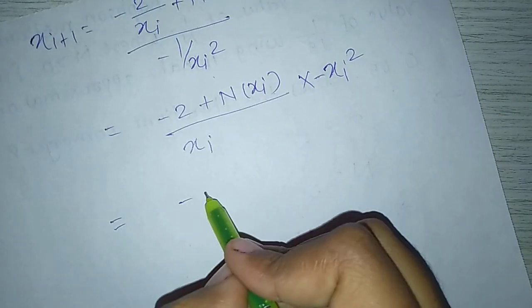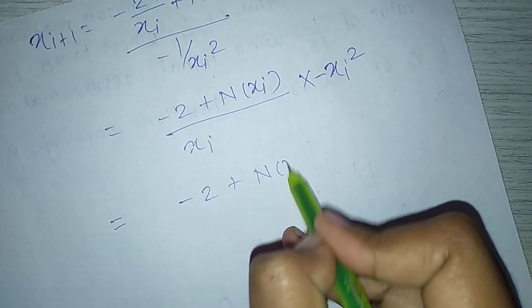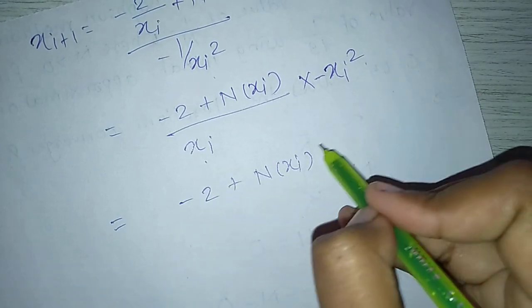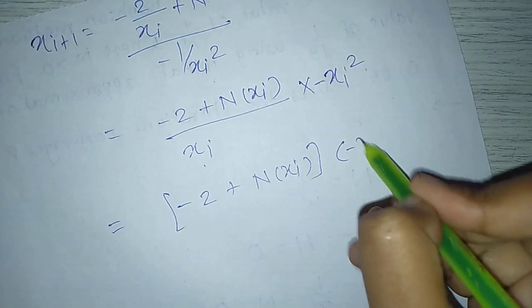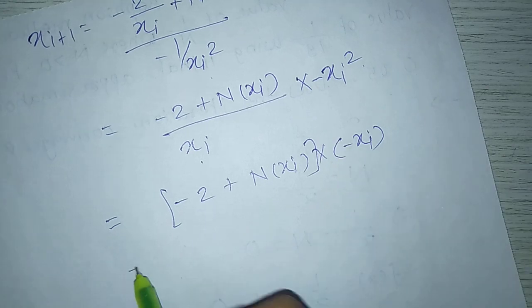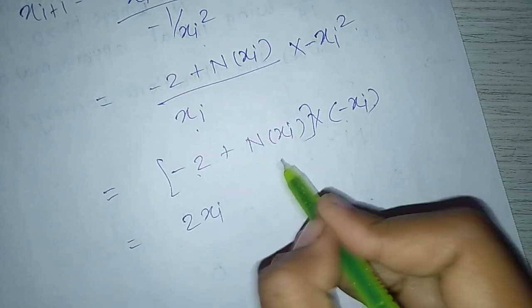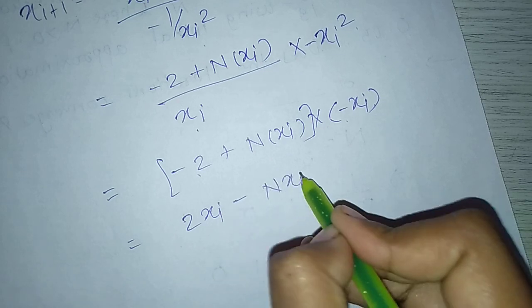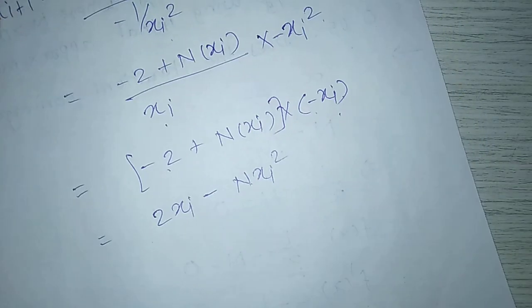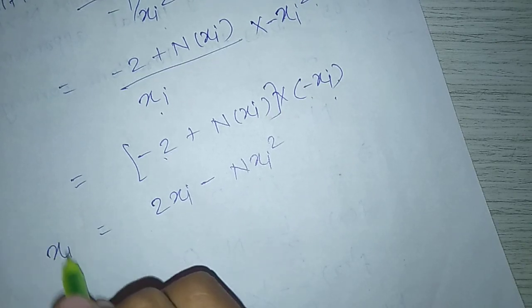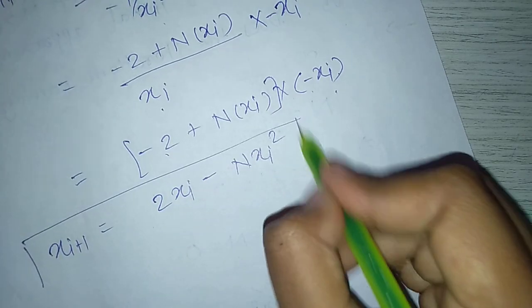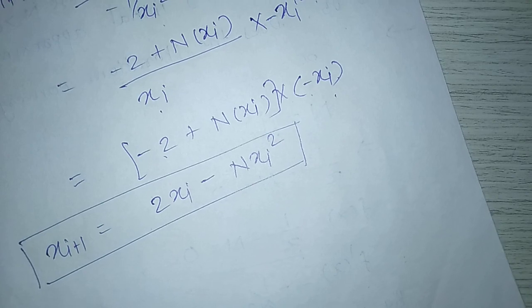Xi gets cancelled, only remaining minus xi. We get minus 2 into minus xi is plus 2xi, minus n into xi square. So we get x(i+1) equal to 2xi minus n xi square.